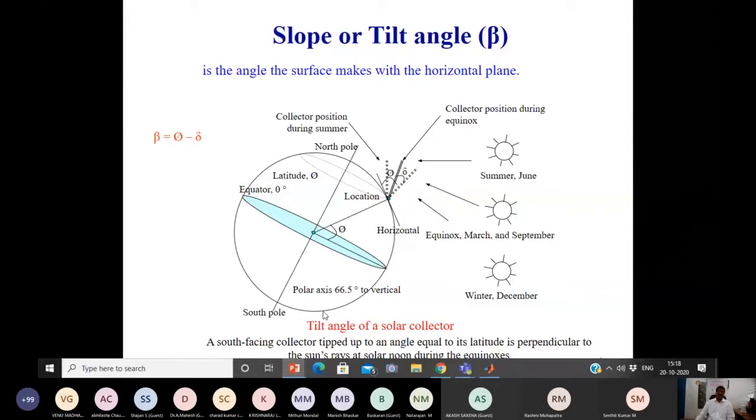If the location is in the southern hemisphere, and the surface wants to see the sun, it has to tilt towards the north. That is the main point we have to remember. If the location is in the northern hemisphere, they have to tilt to the south side, and vice versa.